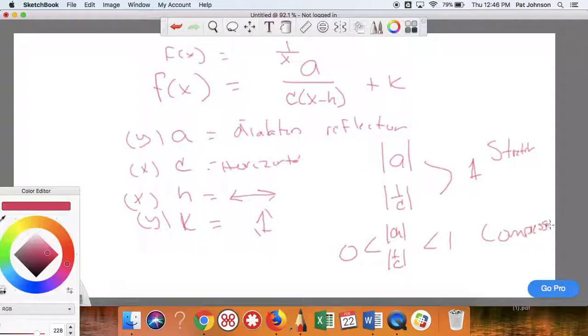But we have to determine, is it vertical or horizontal? Well, A is vertical and C is horizontal. H, when it's positive, it moves to the right. And it moves to the left when it's negative. Likewise, K goes up when it's positive and down when it's negative.